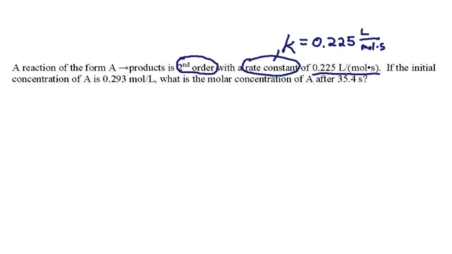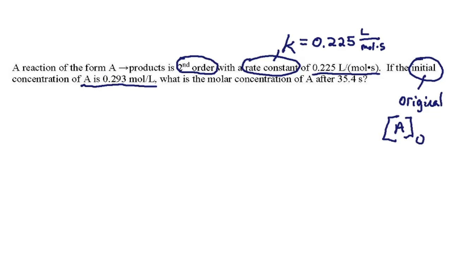If the initial concentration of A is 0.293 moles per liter, now remember this says initial concentration of A, or as I was saying earlier, original. So that would be bracket A with the O down at the bottom, the original.